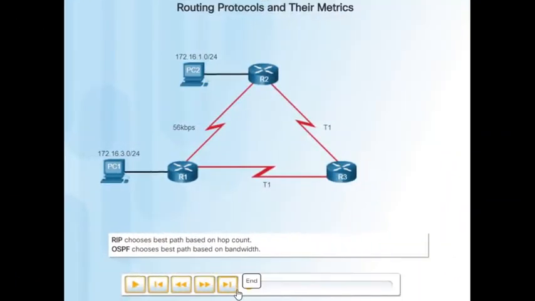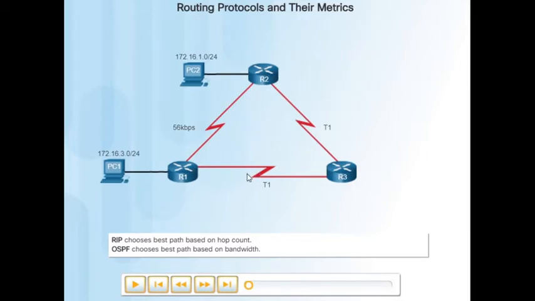So let's have this simulation. For the first scenario, let's assume that R1, R2, and R3 are using RIP. The metric used by RIP is hop count.